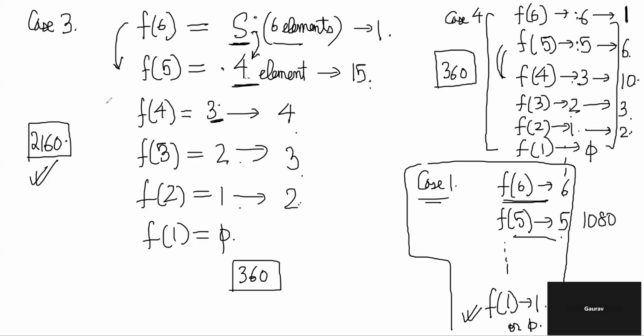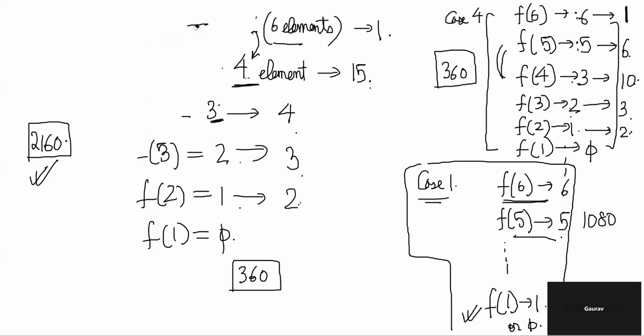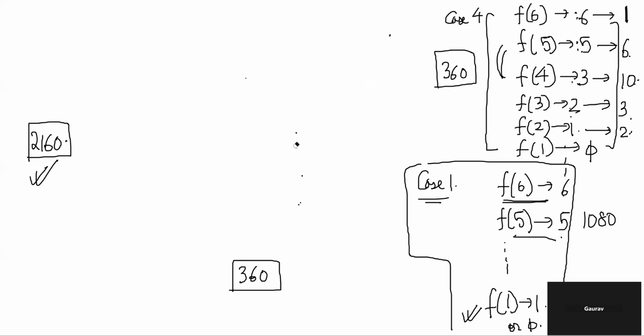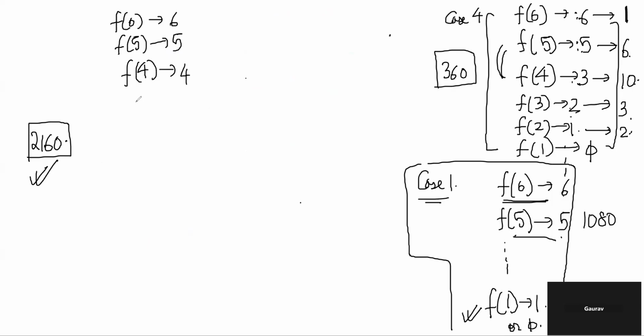Similarly, case 5, you should understand the pattern by now. In case 5, I will do f of 6 is 6, f of 5 is 5, f of 4 is 4, but f of 3 is not 3, it is 2. So f of 6 is 6, f of 5 is 5, f of 4 is 4, f of 3, however, is not 3 but 2.